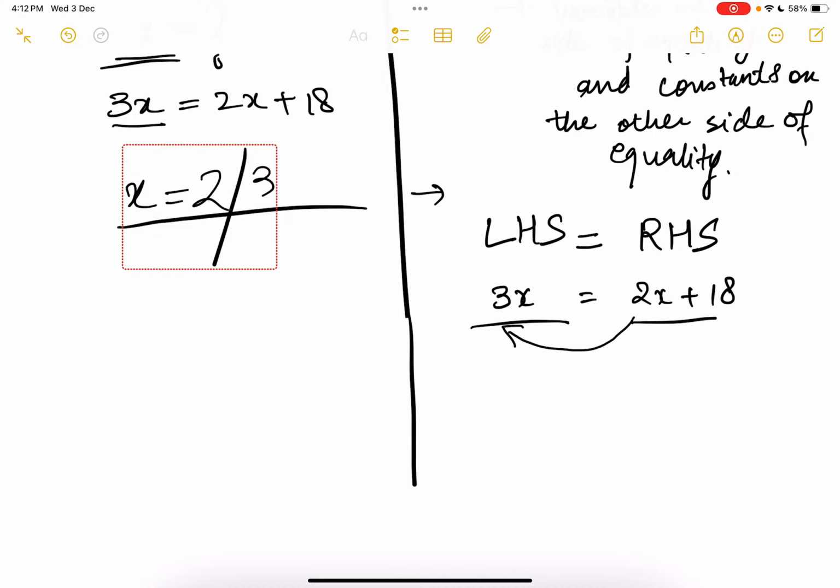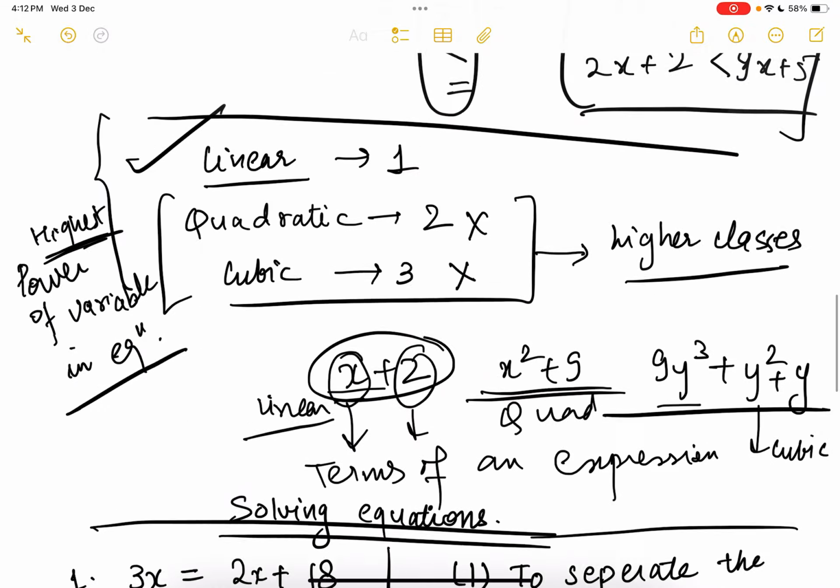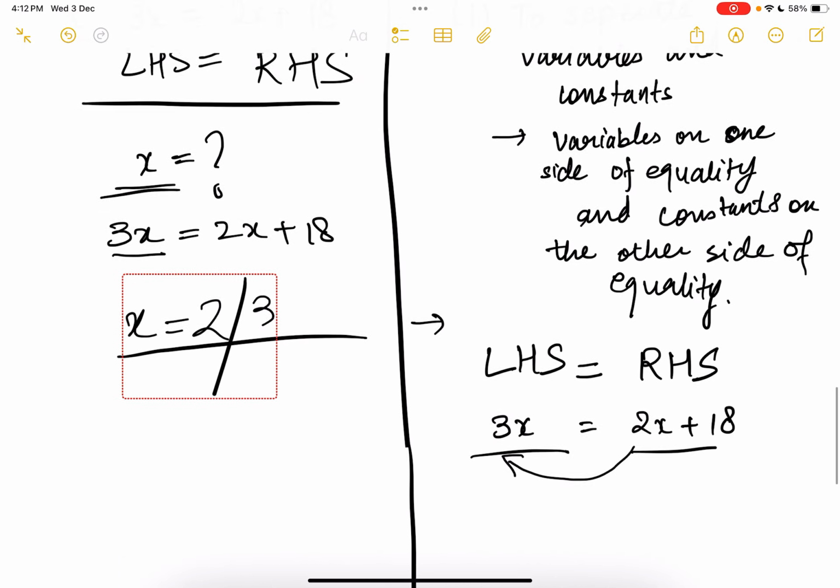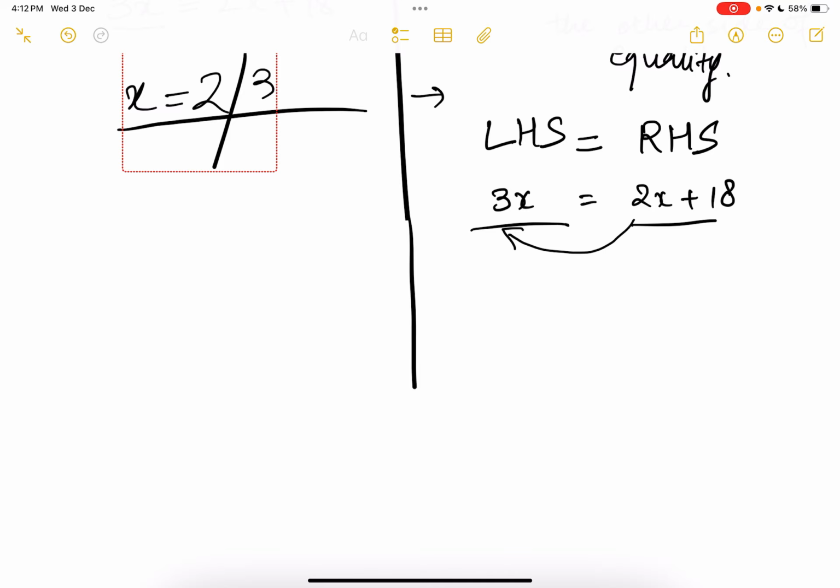Now, if someone already knows this chapter, it will seem like I'm talking two childish things, but if someone doesn't know or is weak in algebra, I'm doing this for that child. So 3x, we'll bring 2x on this side. Anything you bring to the other side, you change the sides, and the sign will also change.